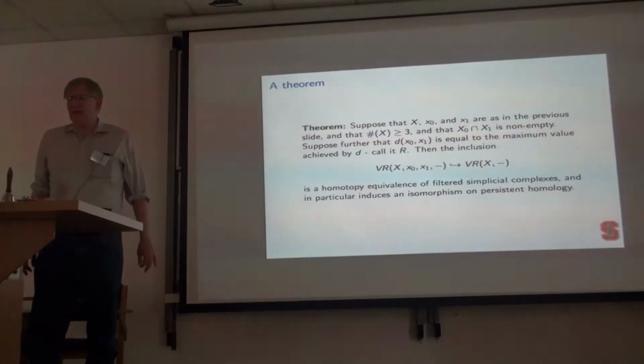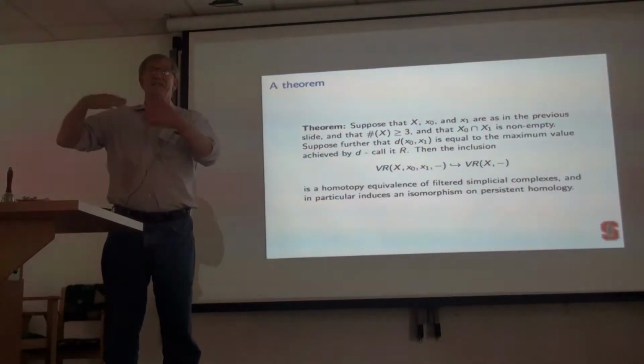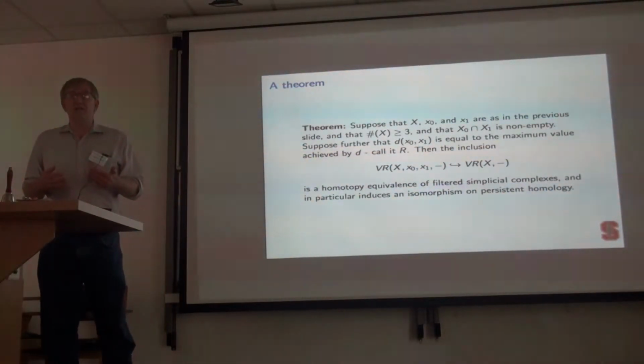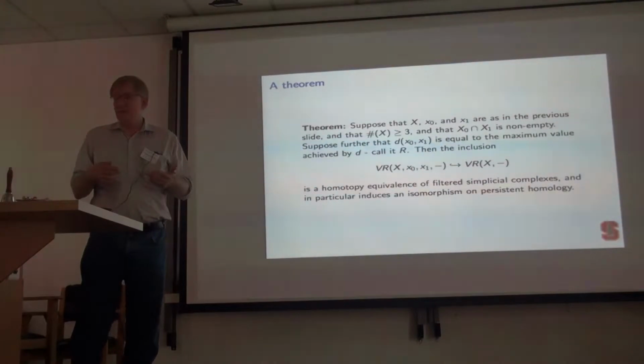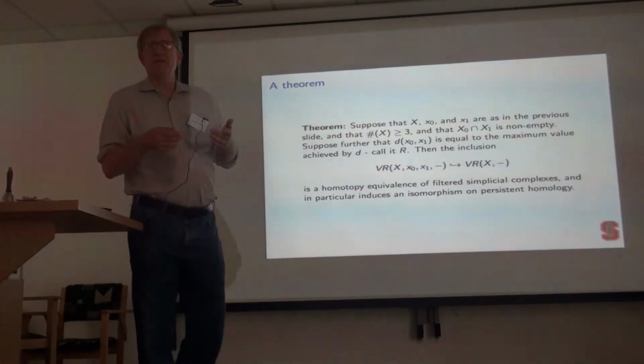Then the statement is that this Vietoris-Rips of X, x0 and x1, which is a union of two things, maps into the Vietoris-Rips of X itself and is a homotopy equivalence of filtered simplicial complexes, so it induces an isomorphism in persistent homology.